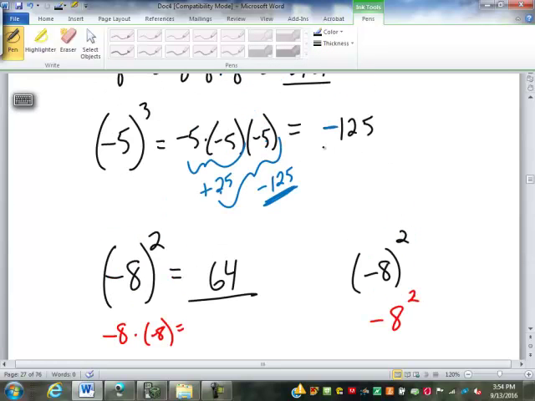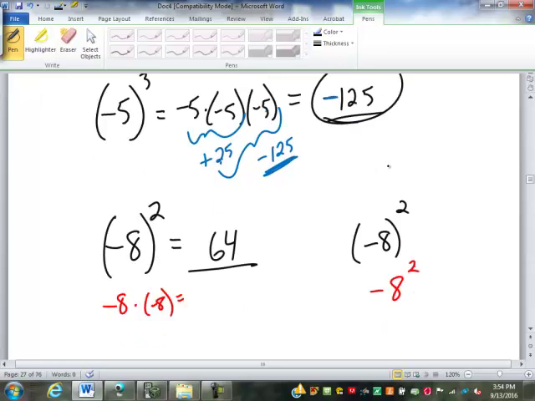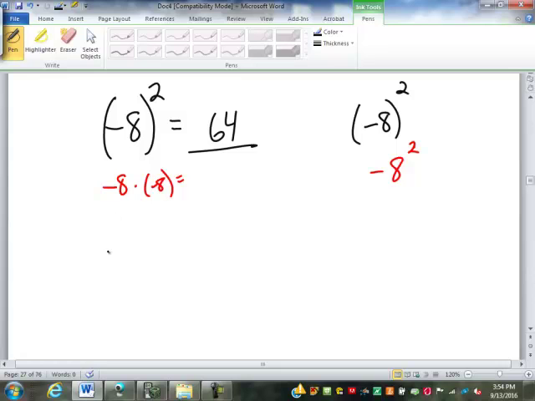Now up here, we did get a negative for the 125. So it doesn't mean every time there's a power, you're going to get a positive result. Let's do negative 5 to the power of 4 and see what you come up with. 625, good.